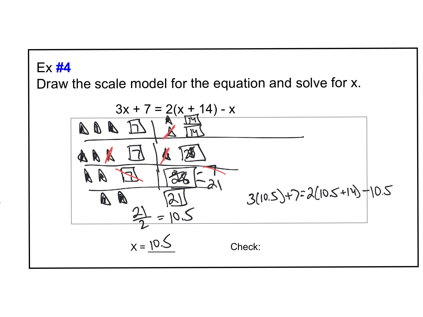So 3 times 10.5 is 31.5 plus 7. 10.5 plus 14 is 24.5 minus 10.5. So 31.5 plus 7 is 38.5.